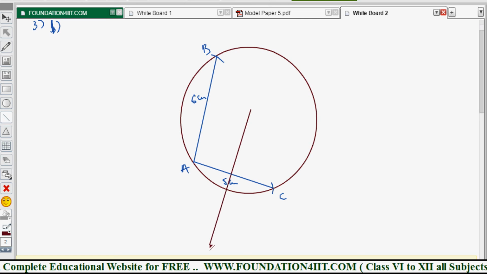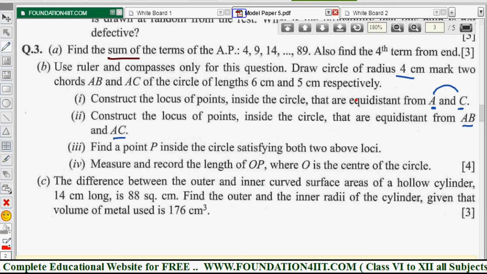So perpendicular bisecting, taking more than half. Then you get arcs above and below. If you join this, that is the bisector of AC.